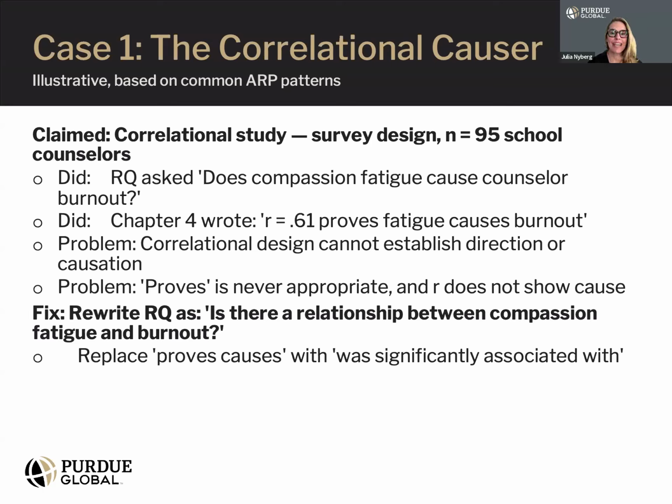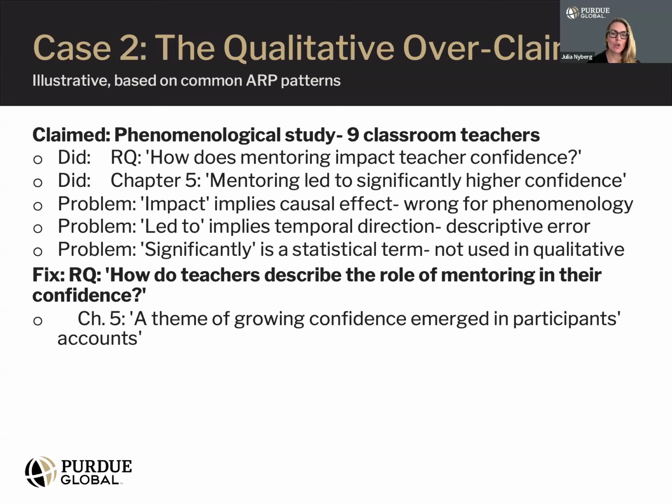Next up, case 2. Case 2 is the qualitative overclaimer. This is a phenomenological study with 9 classroom teachers. The case has 3 separate language errors packed into 2 sentences.